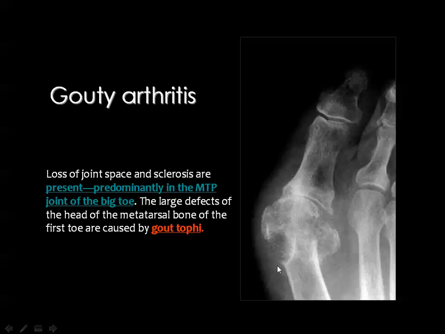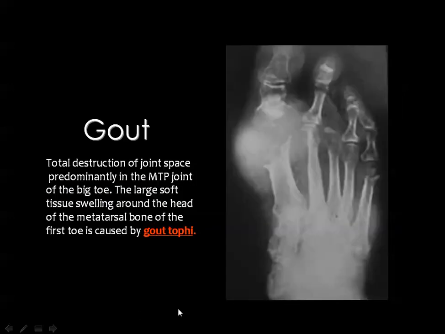You see the erosive changes which are away from the articular surface and associated with soft tissue swellings representing tophi. And this is an advanced case of gout affecting a classic location in the foot, which is the metatarsophalangeal joint, with extensive soft tissue swelling due to tophi.